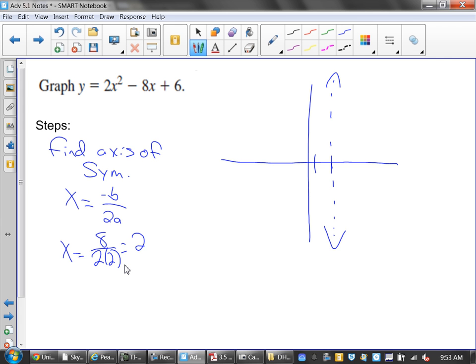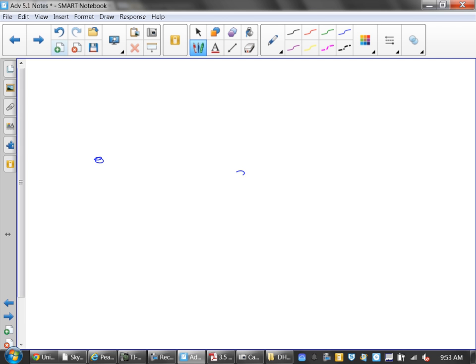Remember our word problem where this value was your x coordinate. Remember I told you that that was the axis of symmetry? The x coordinate is the axis of symmetry, the x value. That will always be the x coordinate of your vertex.